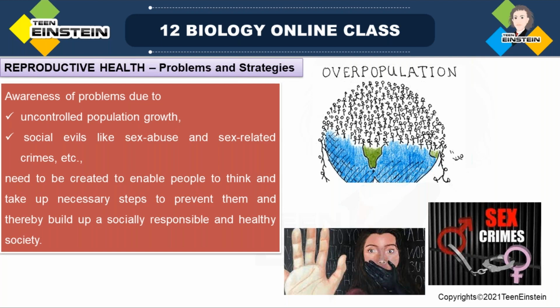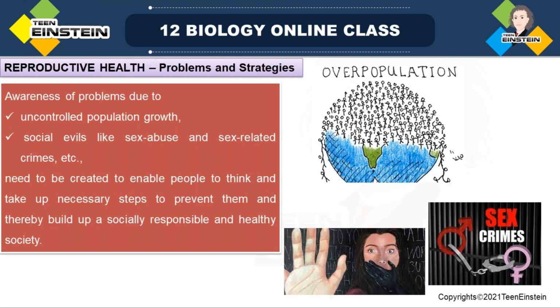This needs to be created to enable people to think and take up necessary steps to prevent them. So if we are giving awareness about all these programs, people will start thinking. Even the people from the lower level, in the sense those who don't have education, if we are giving some classes or something, they also will start to think about all these issues, right?